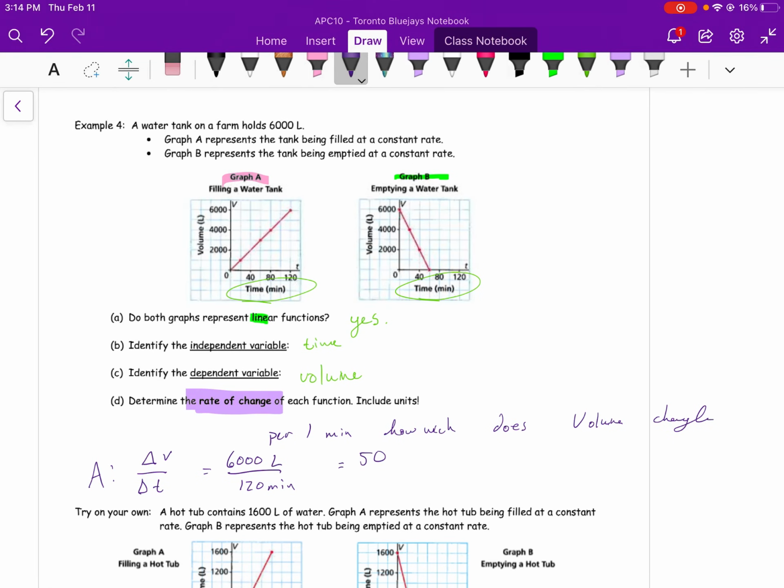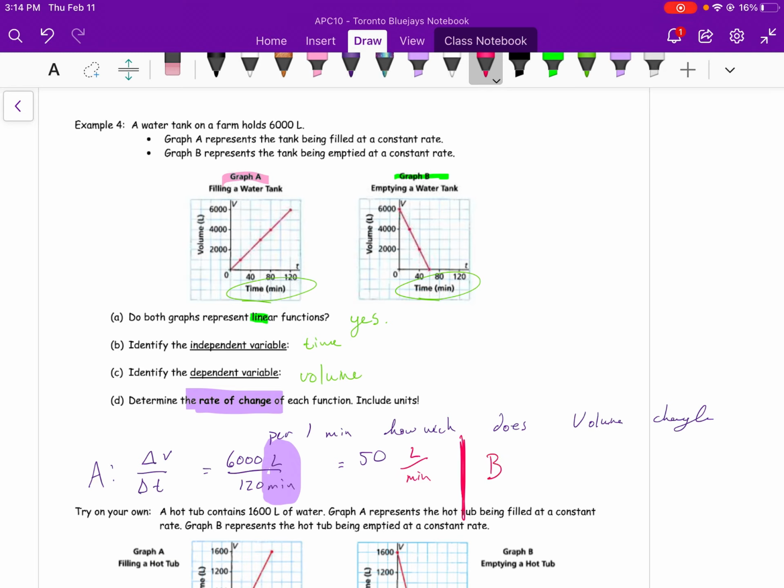That numeric value 50, 6,000 divided by 120, and I'm going to keep my units. So I deal with the numbers and I keep the units, which is liters per minute. And that is, for A, filling up, I fill up 50 liters in 1 minute.